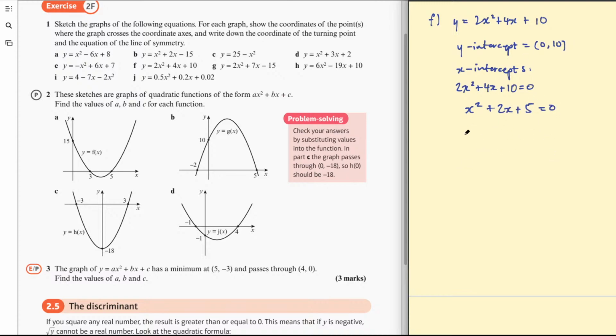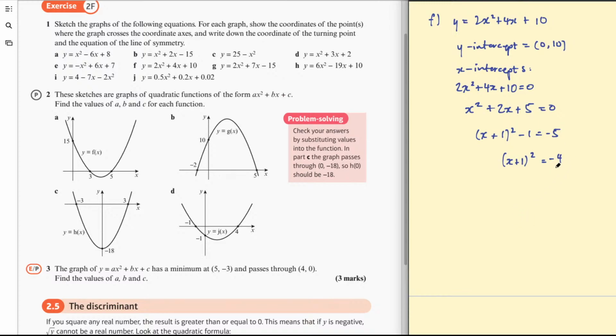And then take the 5 from the right hand side and write this as x plus 1 all squared, take 1 squared is just 1. This is equal to negative 5. So x plus 1 all squared is equal to negative 4. Negative 5 plus 1 is negative 4.